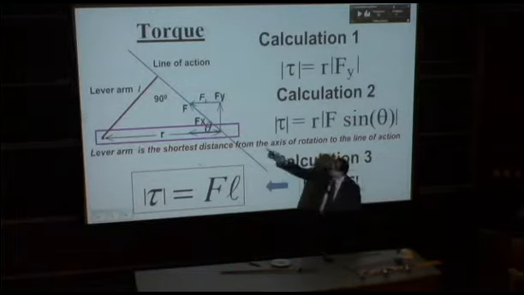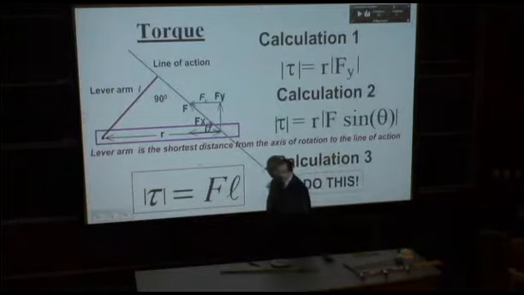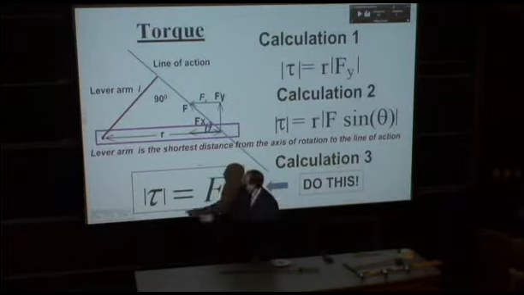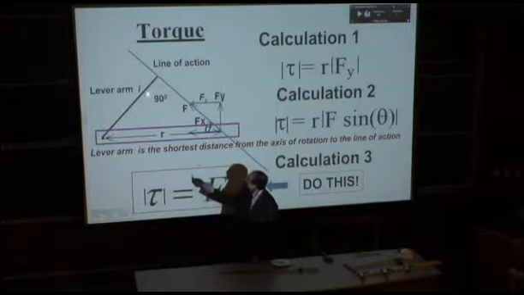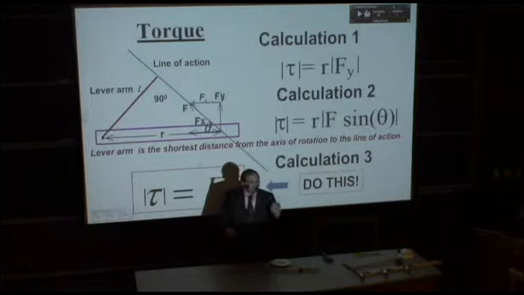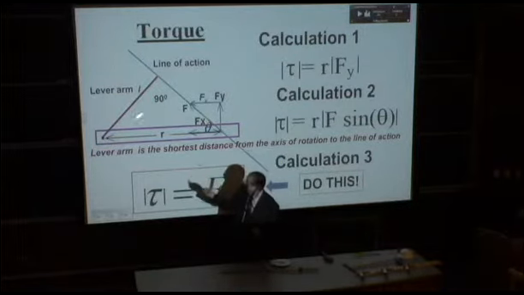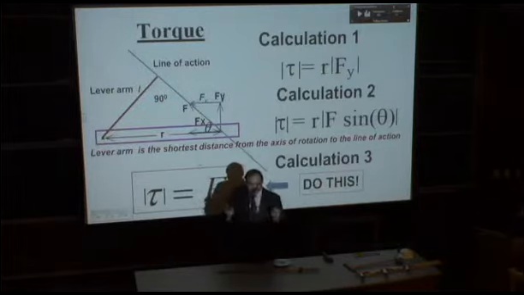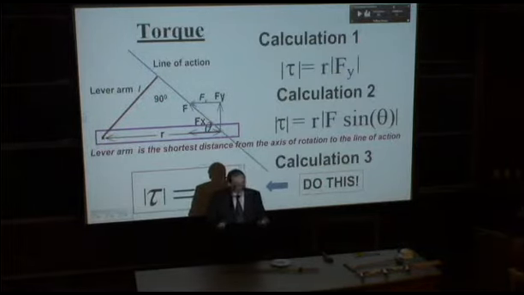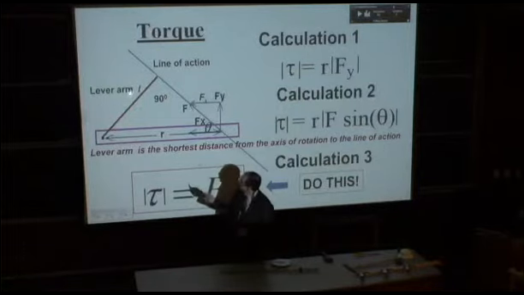If we extend the line of action, this blue line is the line of action, and then we draw a perpendicular from the axis of rotation towards the line of action. As we know from geometry, this kind of a line, the perpendicular, is always the shortest distance from a point to a line. So this segment, this shortest distance from the axis of rotation to the line of action, has a name, the lever arm.